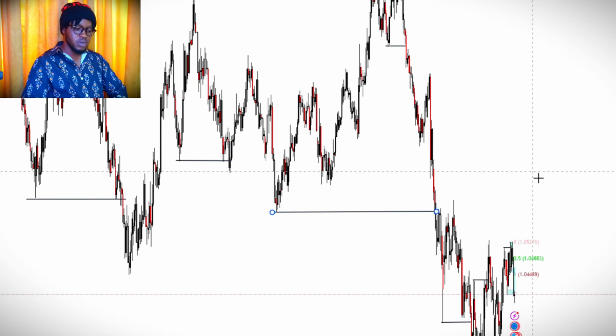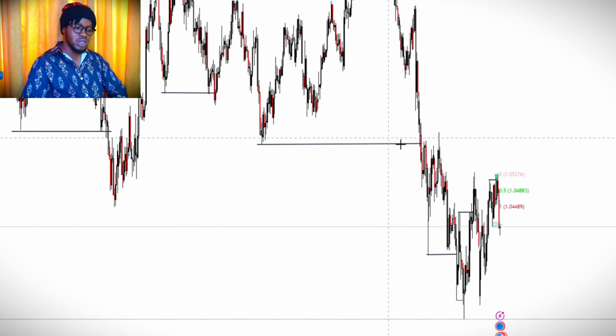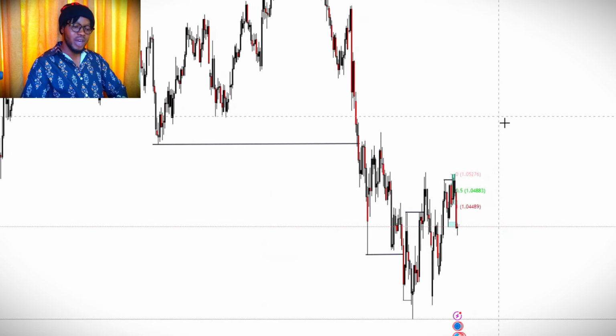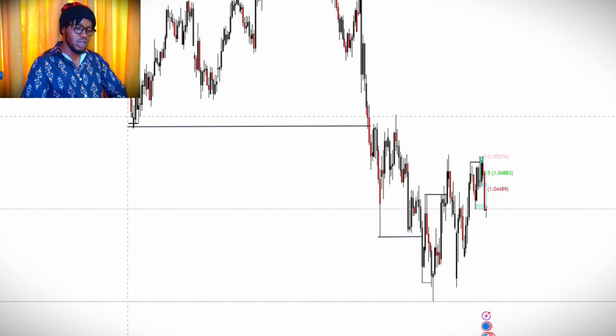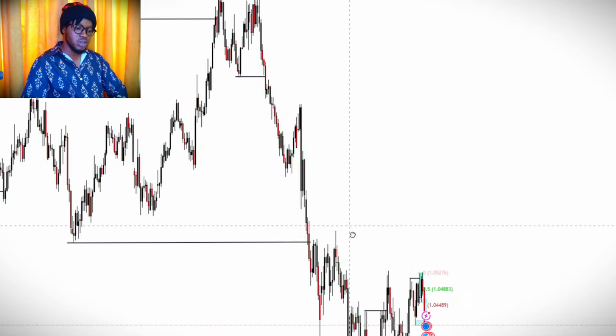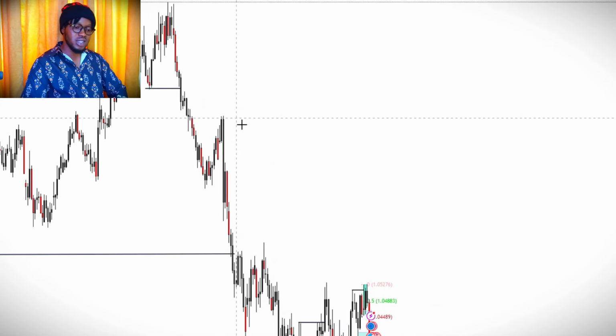So price breaking this external low gives me the belief that price is still bearish. All right, price is still bearish. Now after price broke the external low and gave us an inducement, you can see that when a lot of liquidity stepped into the market, price did not retrace properly.